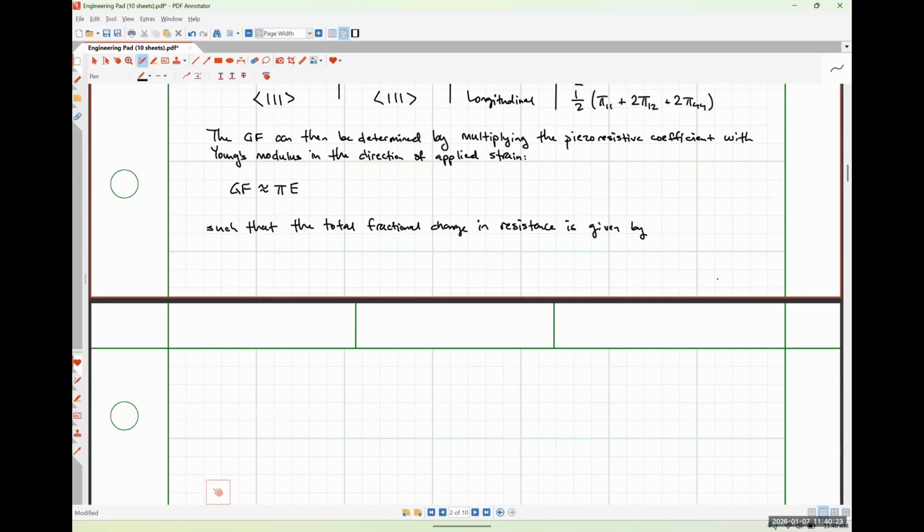Let me know if I need to scroll back up, but I'm trying to leave enough on the screen where you guys can see what's what.